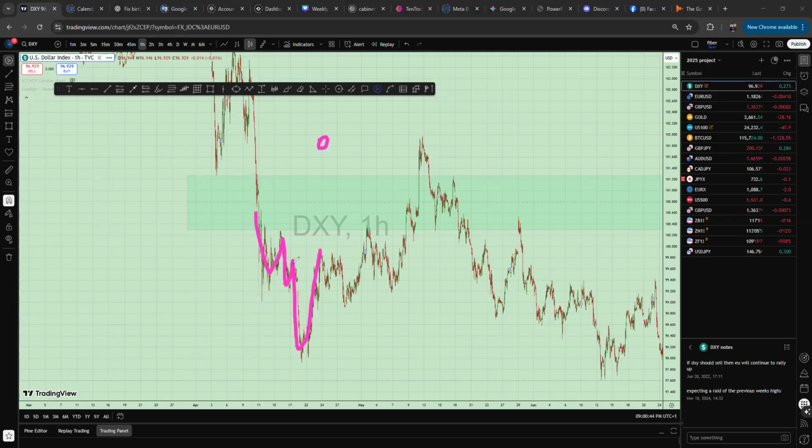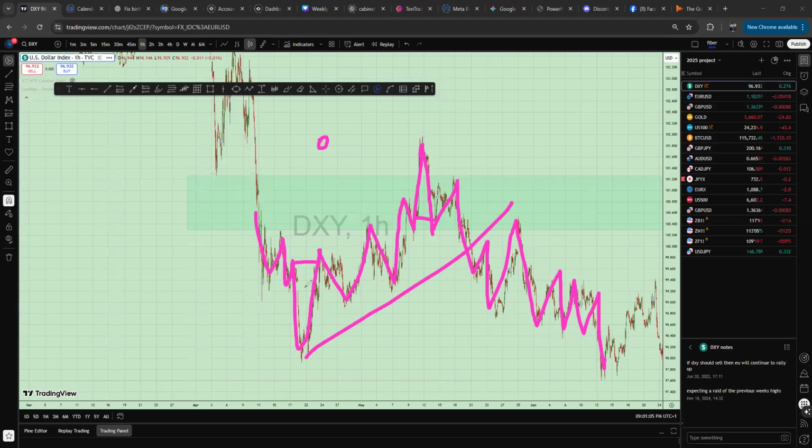We shifted higher, and then price started creating bullish structures. When the pullback was over, just like I was explaining before, we started seeing a shift in market structure to the downside, and then the market continued the downtrend.